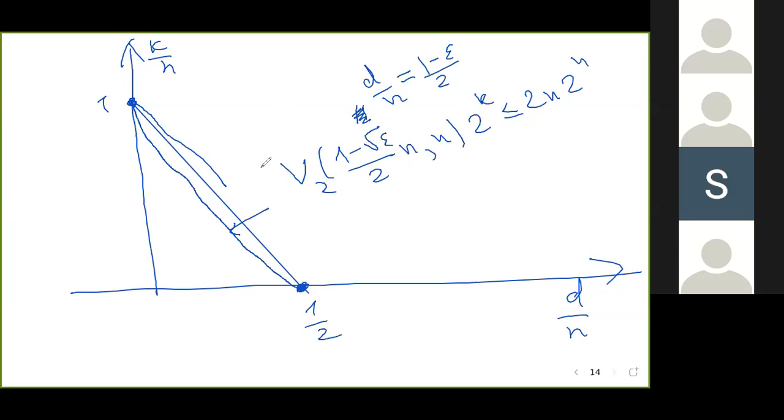So k over n is at most 1. But when epsilon is between 0 and 1, we obtain a better bound than the improved Singleton bound, and also a better bound than the volume bound. The volume bound will look something like that, also above this. So this Elias-Bassalygo bound is the best bound for binary codes, the best necessary condition.